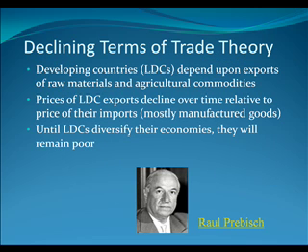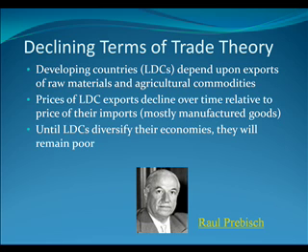A more recent attempt to understand the origins of inequality came in the 1940s with the work of Argentine economist Raúl Prebisch, who argued that developing countries were subject to a declining terms of trade, which meant that the prices of their exports were declining relative to the price of their imports.